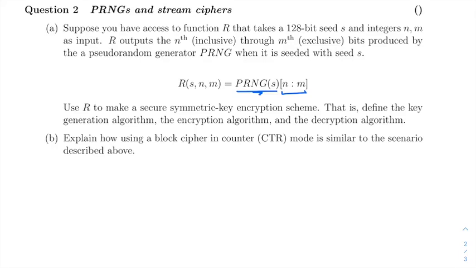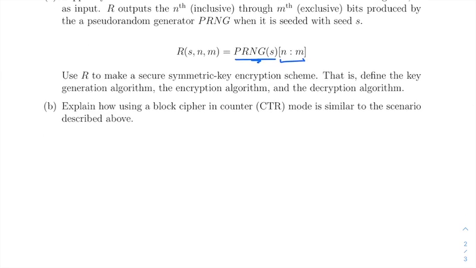Recall that with symmetric key encryption, we're going to want to define how we generate the key, the encryption algorithm itself, and the decryption algorithm itself, right? Unlike asymmetric key encryption, with symmetric key, for both encryption and decryption, we're going to be using the same key.